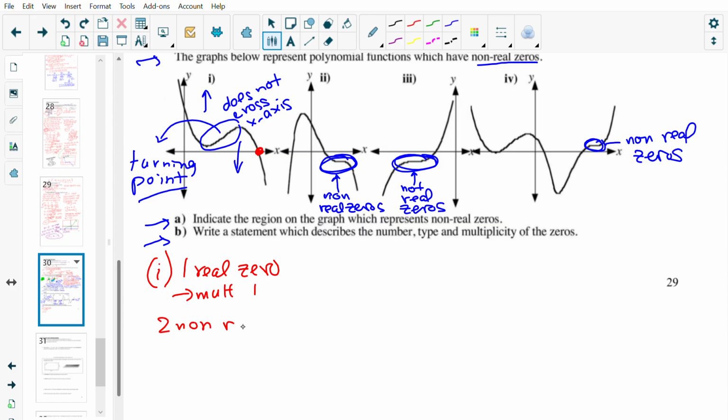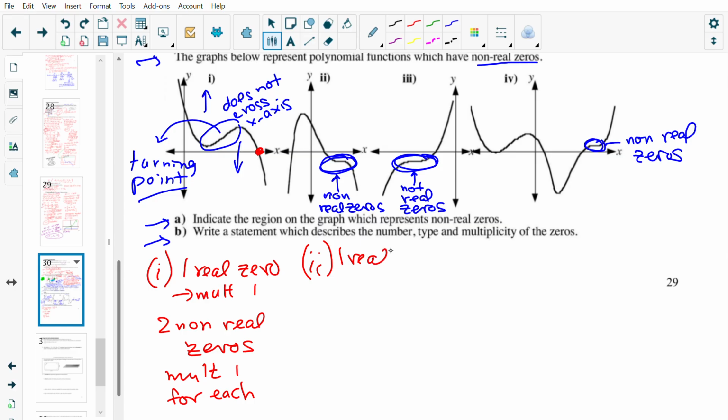Multiplicity of 1. Okay, 2 non-real zeros. Multiplicity of 1 for each.